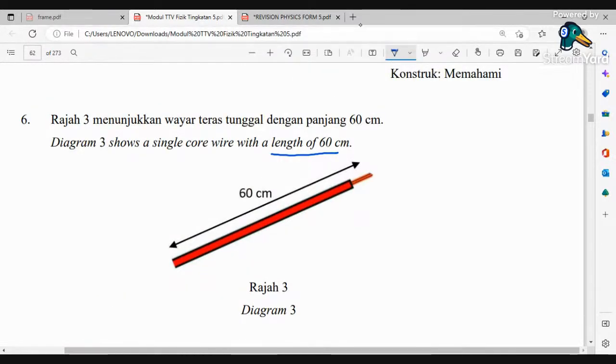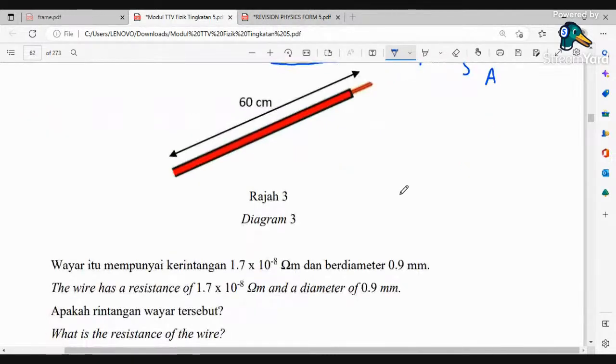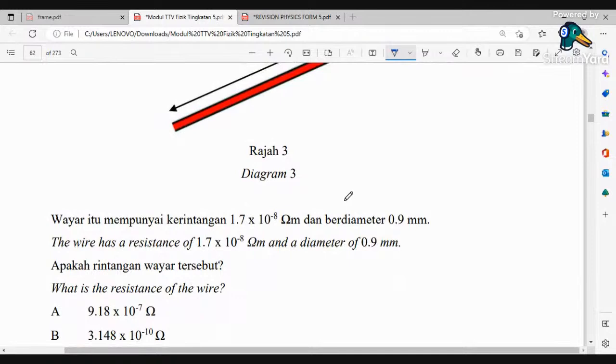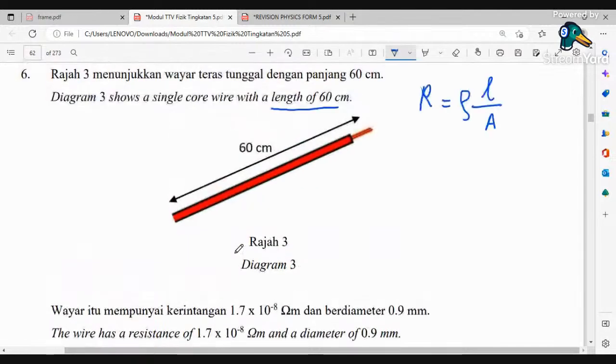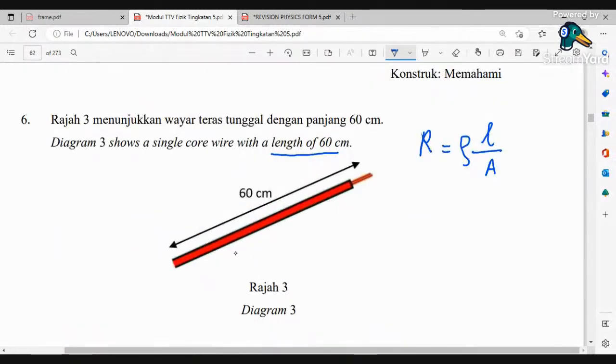So for this one, we use this formula: R equals resistivity times L divided by cross-sectional area. We have the length 60 centimeter, resistivity also given, diameter also given. The question wants you to find resistance. We just substitute all the values, but make sure the unit is correct.